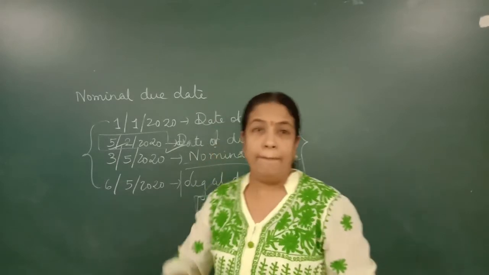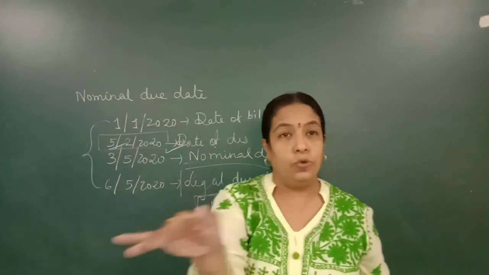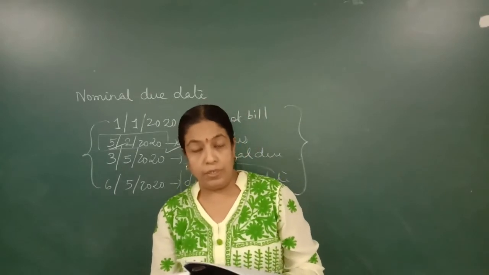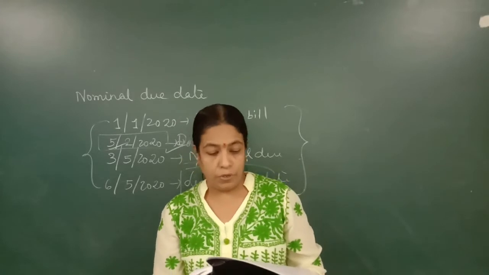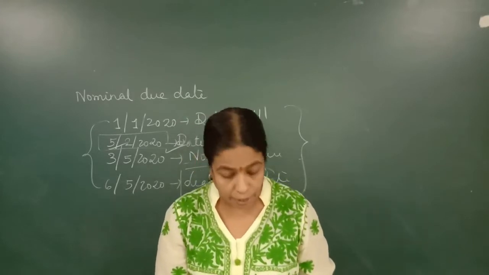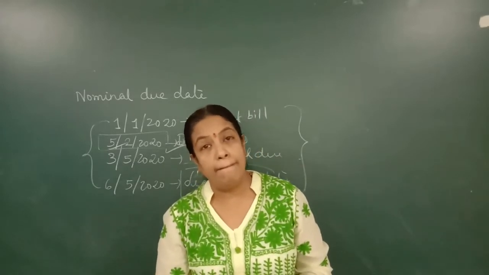The facility can be at a bank, or with a mediator who brings both the drawer and drawee together, and pays the amount to the drawer after deducting the sum from the face value of the bill. This is called discounting of a bill.